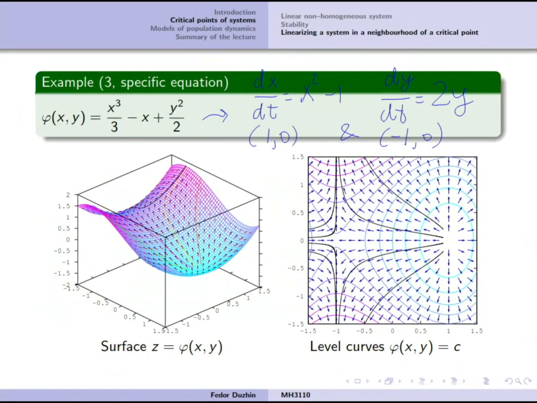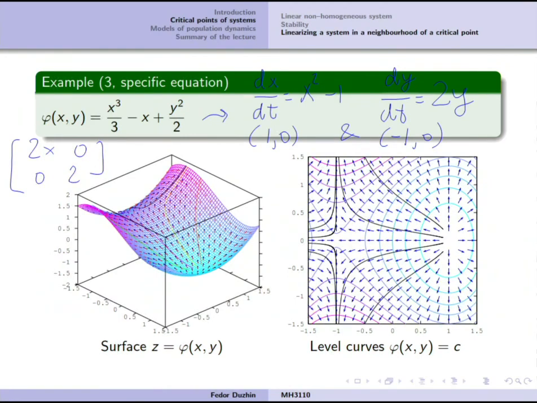So let me try to write somewhere further. So the Jacobian matrix of the system of differential equations, which is the same as the Hessian matrix of the original function, is going to be this. So the derivative of dx/dt with respect to x is 2x, then 0 here, and 2.